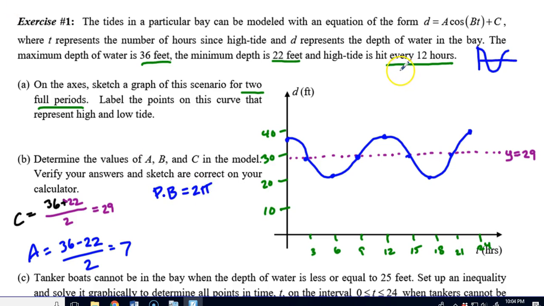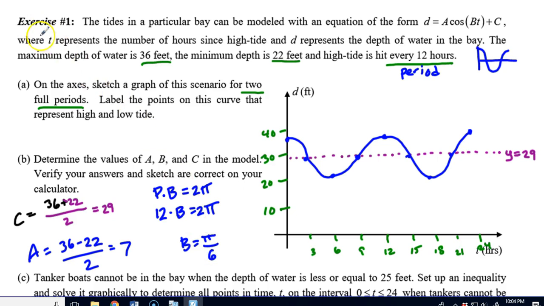And we happen to know how long it takes for the graph to complete one full cycle, which is 12 hours. So we know 12 times B equals 2 pi. When I divide both sides by 12, we get pi over 6. Okay, and we could graph this on our calculator to verify this works out.